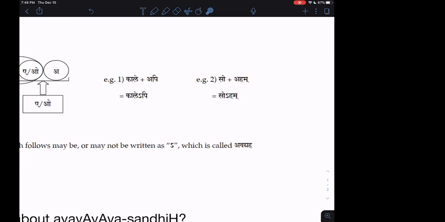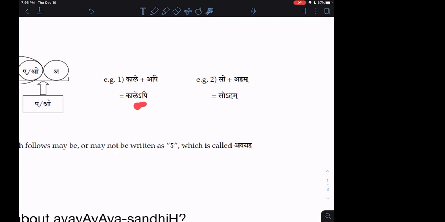Yeah, so I'll take the question about avagraha first. When do we use it versus not use it? So traditionally, well, nowadays we use it, right? This always wasn't there, but nowadays we use it because it's useful to know when you read this that there's really two words here, kale plus api.